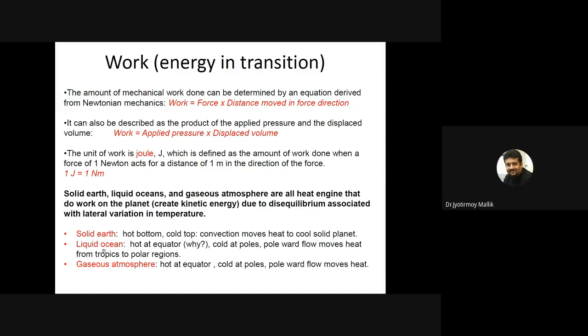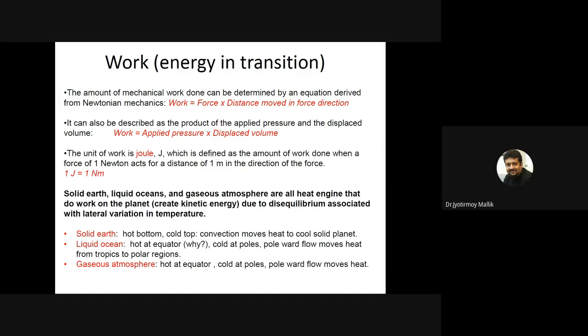In the liquid ocean, it is hot at the equator and cold at the poles. Hot at the equator, you know why. Poleward flow moves heat, so that's why we see the ocean currents, right? The hot water from the equator moves poleward, and the equilibrium is maintained.